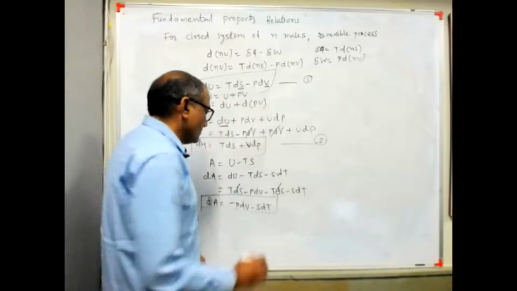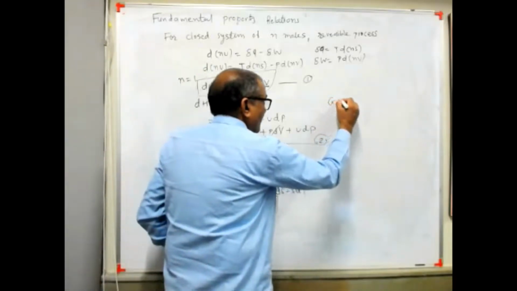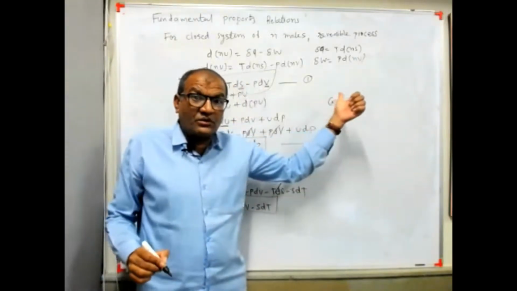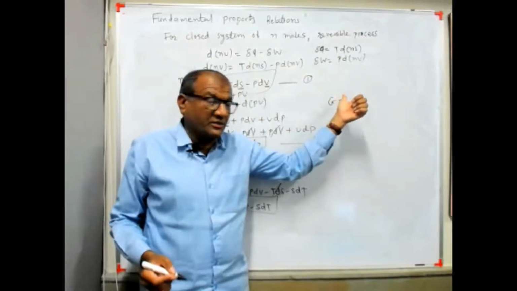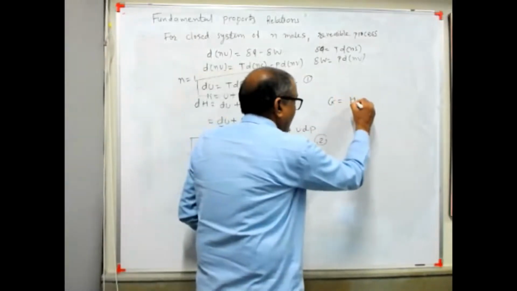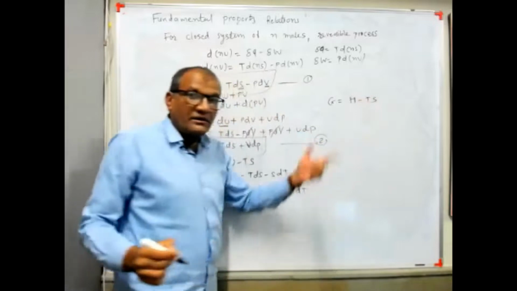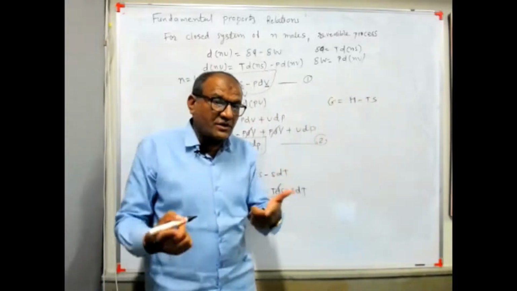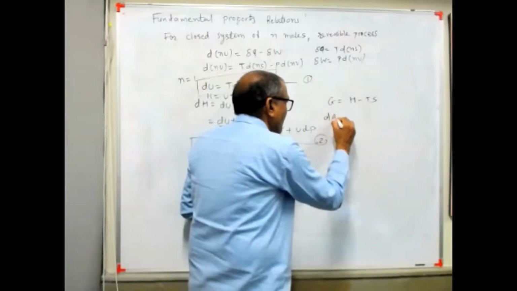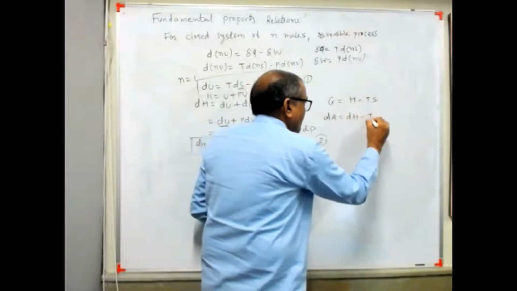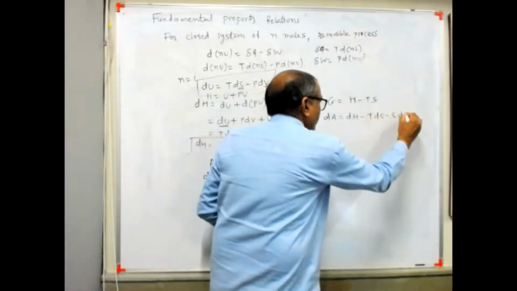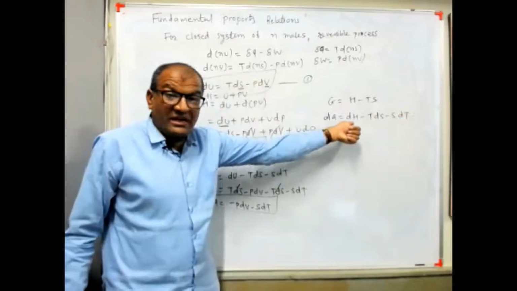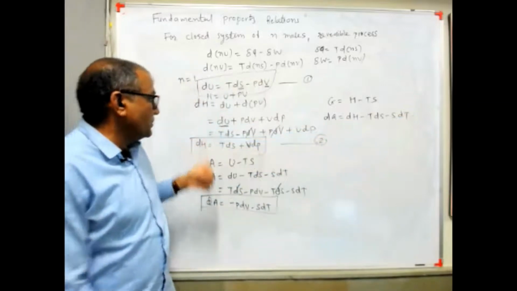Fourth property, that is G, and this is very important for chemical engineering thermodynamics. G equal to H minus TS. If I write this equation in differential form, dG equal to dH minus T dS minus S dT. We can replace the value of dH by equation 2.